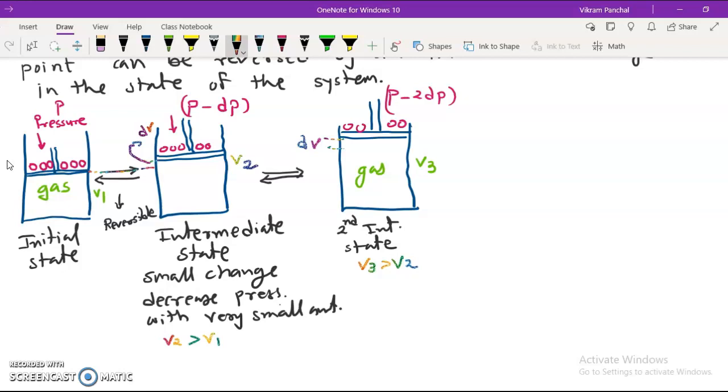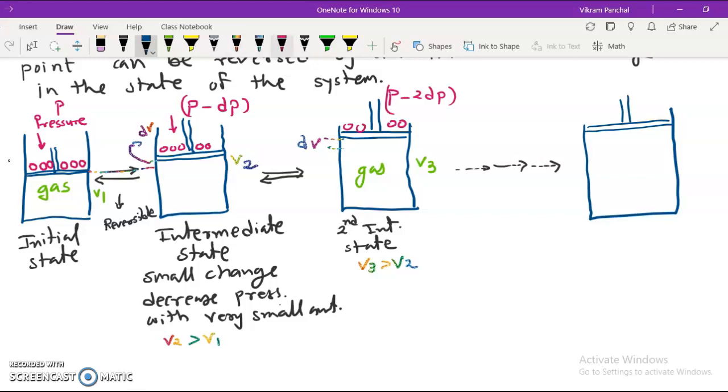So this way we can carry small changes to achieve the final state, where there will be hardly one pebble. For example, only one pebble is left over here, and we consider this as the final state. Then in the final state you will find the final volume V, which is different from V1, and the condition is also different. So this way it is possible to achieve the final state slowly by small changes.